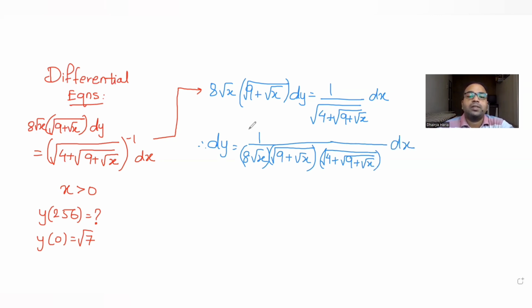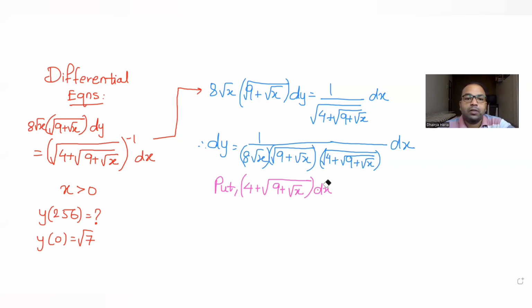Now one thing I understand here is that √(9+√x) here is the same thing as in the other term. So I can substitute the entire term 4 plus √(9+√x) as some variable.